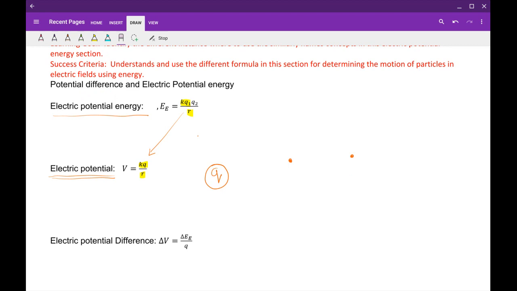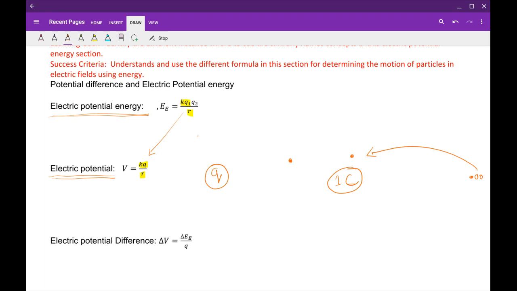The electric potential of this point is essentially, if I were to move 1 coulomb, I wrote my C on the wrong side there, sorry, from, I suppose, infinitely far away to this location, that's how much electric potential energy would be required, okay?